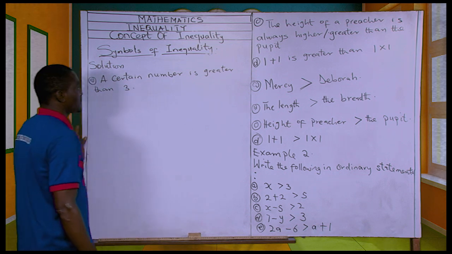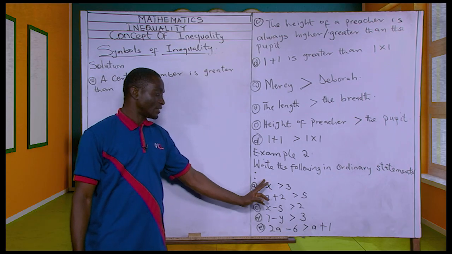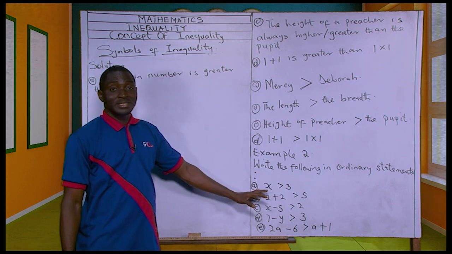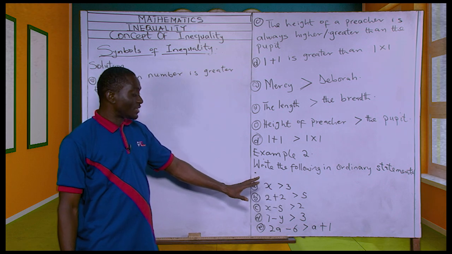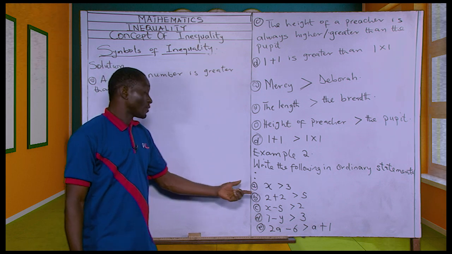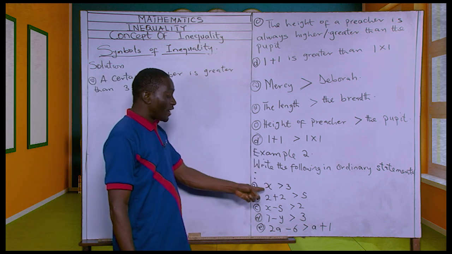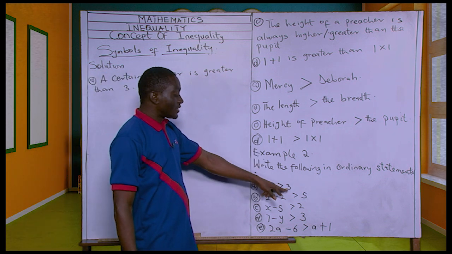A certain number is this letter, because this letter represents a certain value that is unknown, and that unknown value is greater than 3.